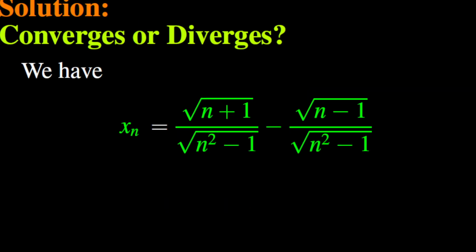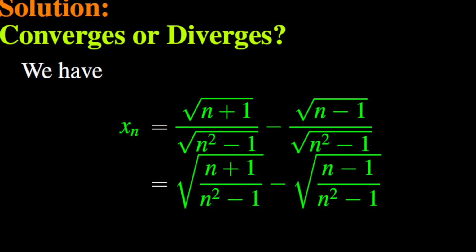Clearly, we need to simplify the expression of xn. This will certainly help us. One can easily see that xn is also equal to the square root of n plus 1 divided by the square root of n squared minus 1, minus the square root of n minus 1 divided by the square root of n squared minus 1. So, we can rewrite xn as the square root of the fraction n plus 1 over n squared minus 1, minus the square root of n minus 1 over n squared minus 1.